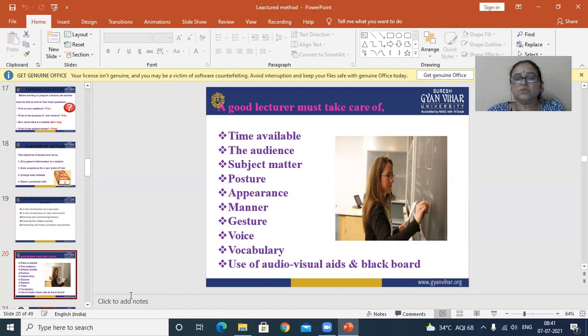Your voice should be clear and loud, because we all know lecture method is generally used in a large amount of audience. So remember all these things and cover your lecture within a given time.